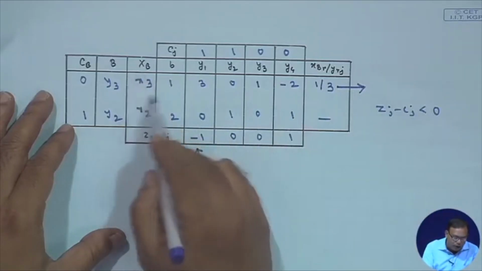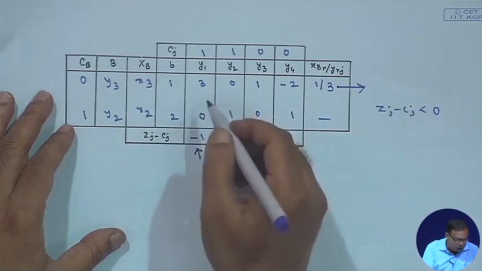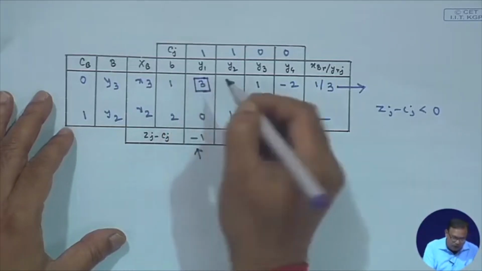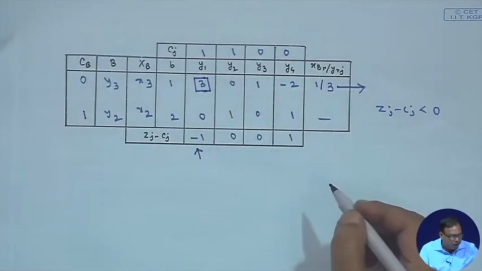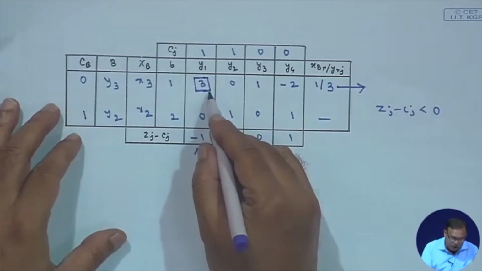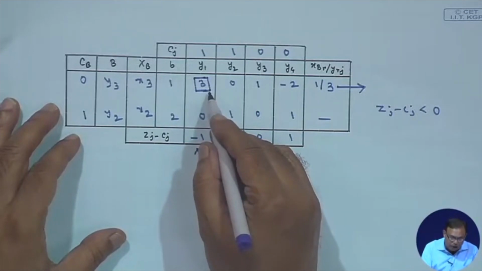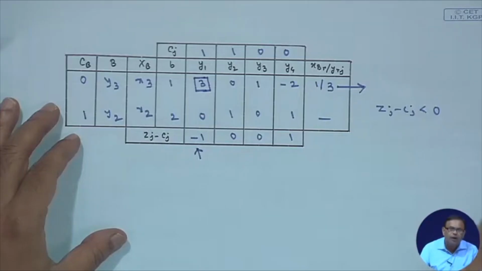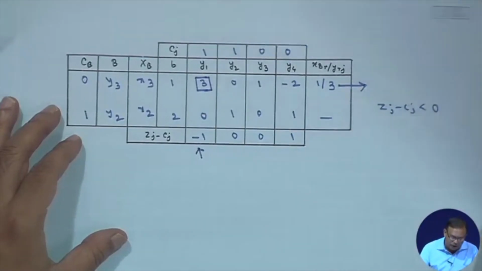So, x3 will go out and x1 will enter into the basis, and the pivot element is 3, this one. I hope it is clear. This is the pivot element, and x3 will go out and x1 will enter in the next iterative table.